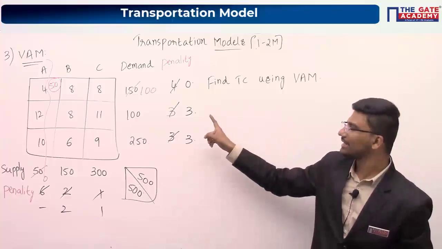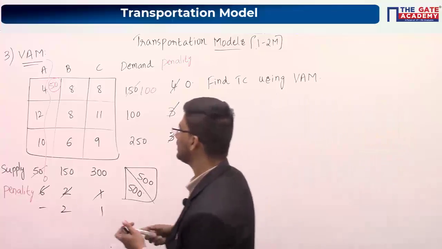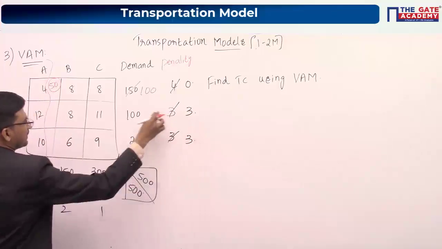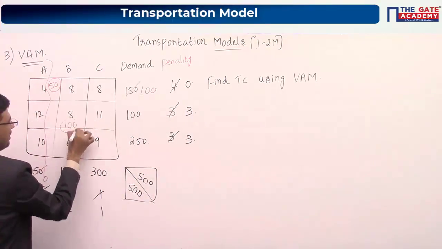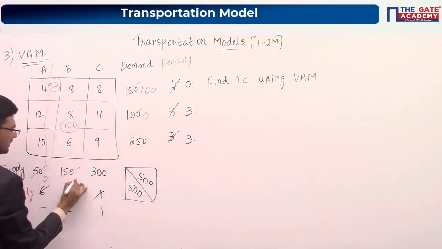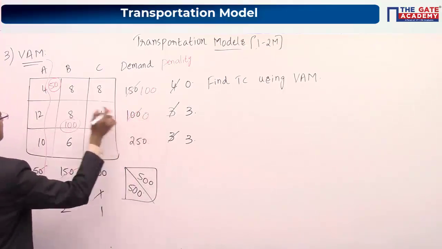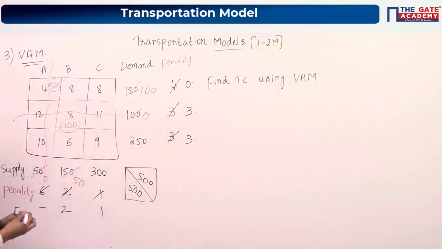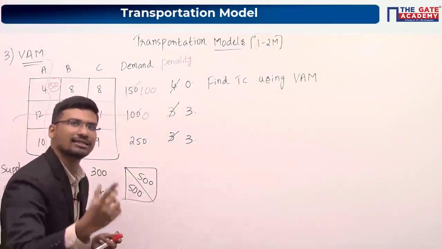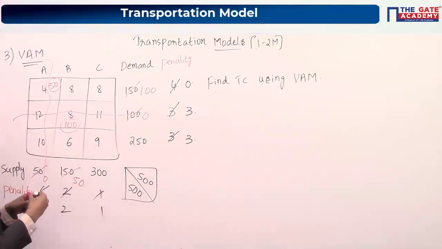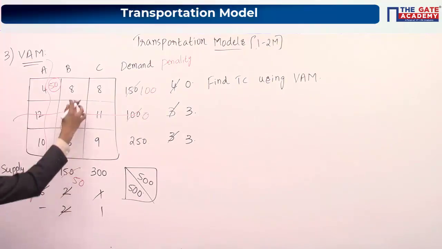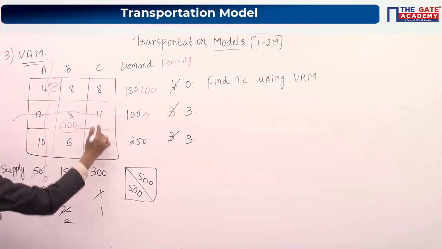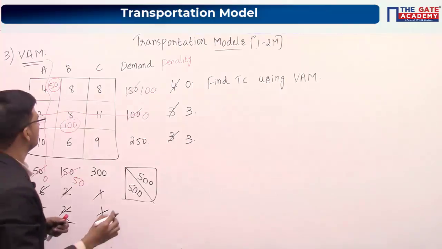Now I am taking this particular penalty. In this particular row, what is the minimum? This one. Allocate 100 here and this will be 0. This will be 50. Now as this became 0, cancel this particular row. Again you have to recalculate the penalties. Here you will get a penalty of 2 and here again it is the same, 1.